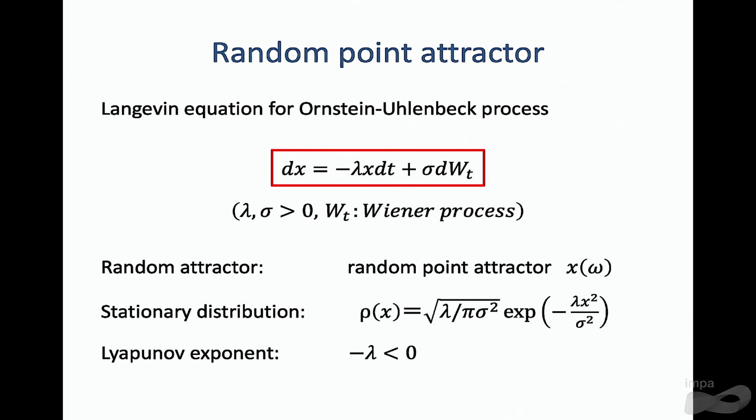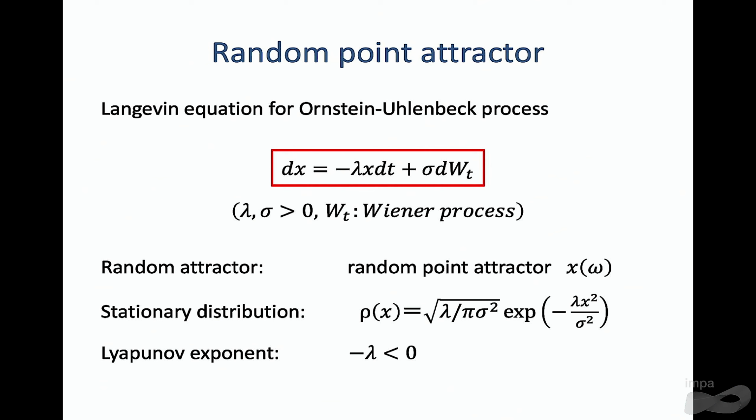Okay, so a clear example is given by the linear Langevin equation. Here, W_t is a linear process, and lambda and sigma are positive. The interpretation as a dynamical system is given like this.